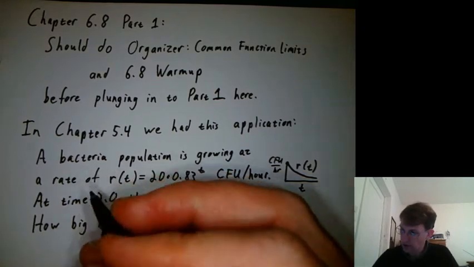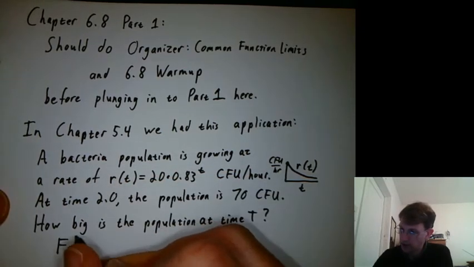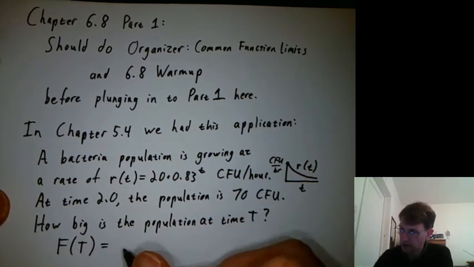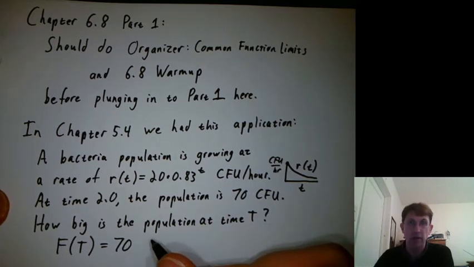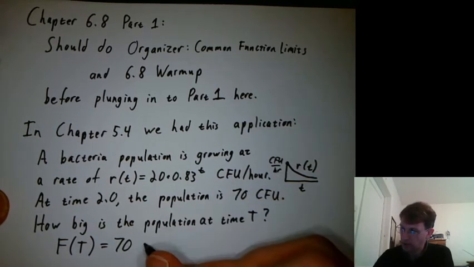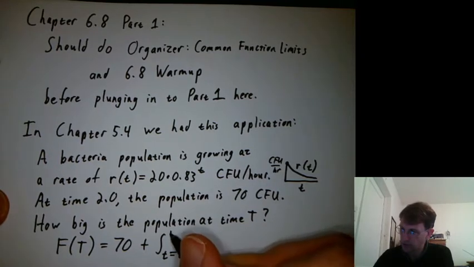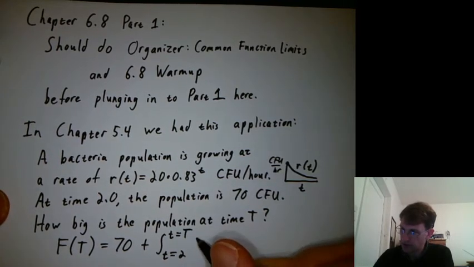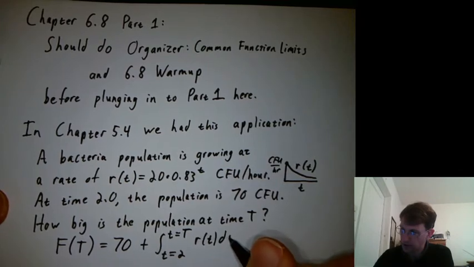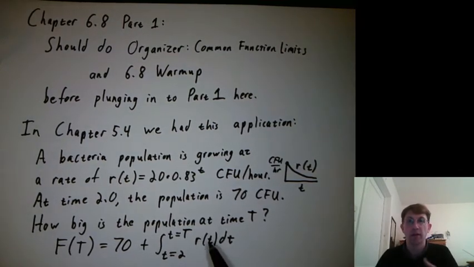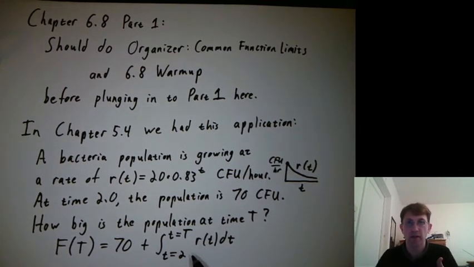All right, welcome back. One way you could do it is say big F at big T. Well, we start at 70 at time 2, and then we integrate from t equals 2 to t equals big T of r of t dt. So that's accumulating net change as time goes along.